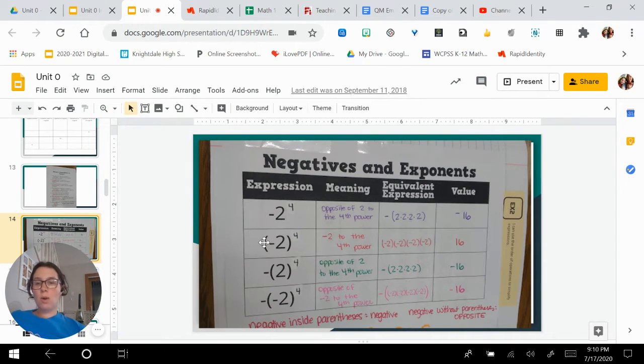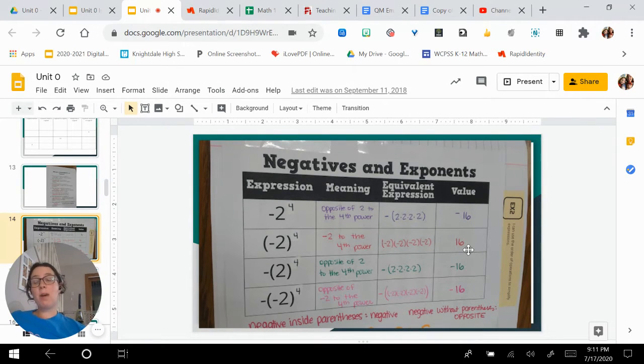All right, so this next example, see here the difference is parentheses are around the negative. So this is saying negative 2 to the fourth power. So I'm going to multiply negative 2 four times. When I do that, two negatives make a positive, a positive and a negative make a negative, a negative and a positive, and then negative and negative make a positive.